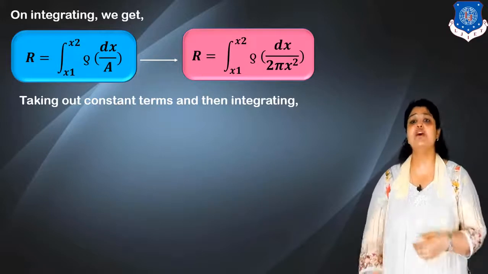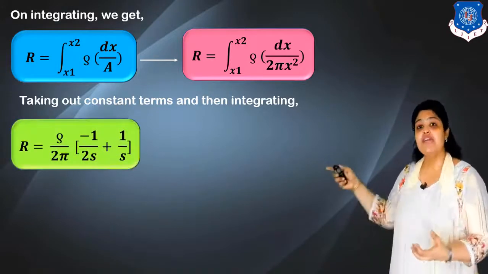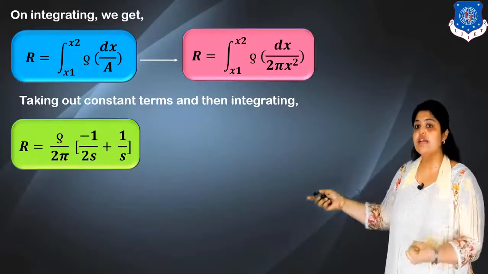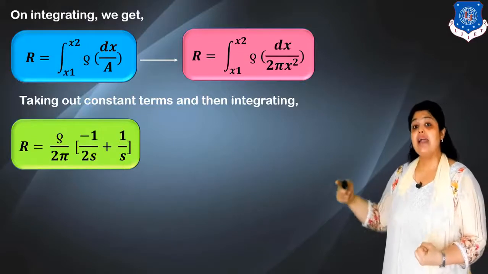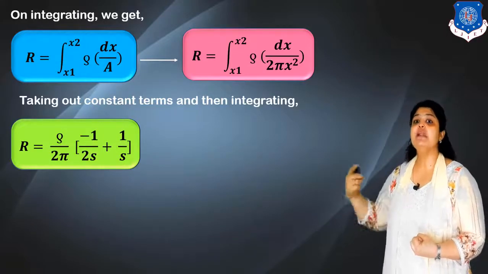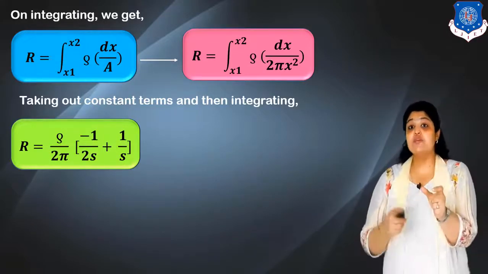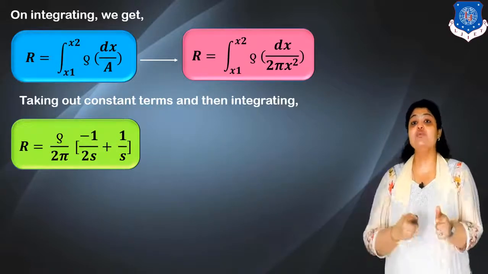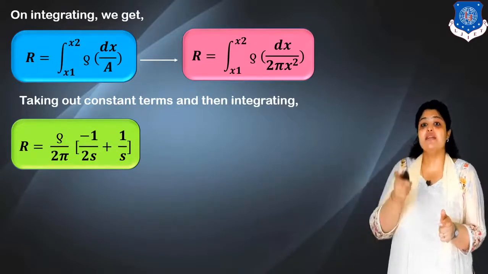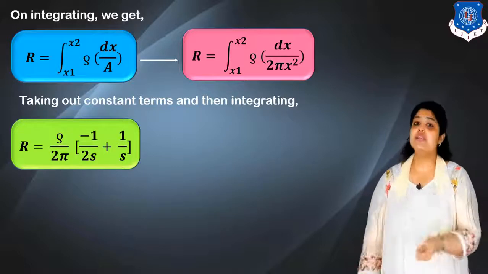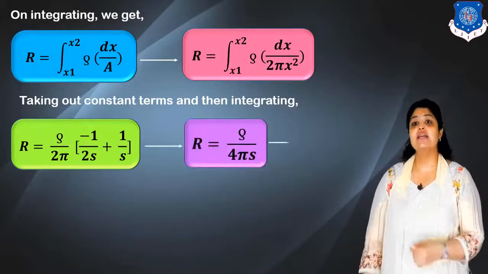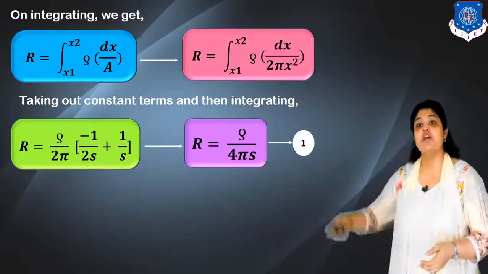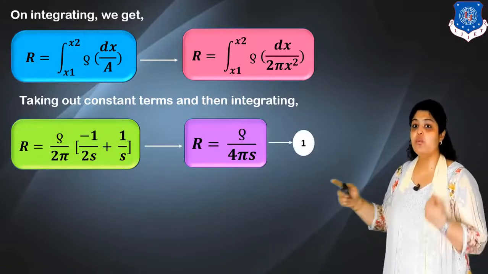So taking out the constant terms and integrating, we get rho upon 2 pi, which is a constant, taken outside, and we get minus 1 upon 2s plus 1 upon s, because x1 is equal to s and x2 is equal to s plus s, that is 2s. So this gives us the answer R is equal to rho upon 4 pi s. We call this equation number 1.